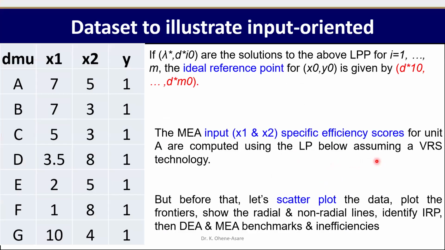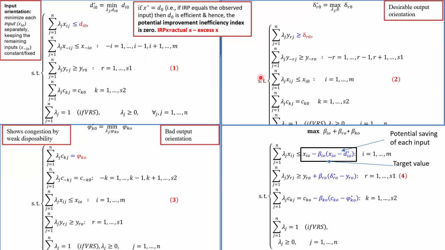Okay, let's get into the simple example data set. Now pay attention here. If you can get this, we are done. So here, you see that we have these stars. These are the solutions to the linear programming. Every time you do a linear programming, the stars are what you're looking for. But because we are going to focus on only the input, wherever you see the output, you drop them.